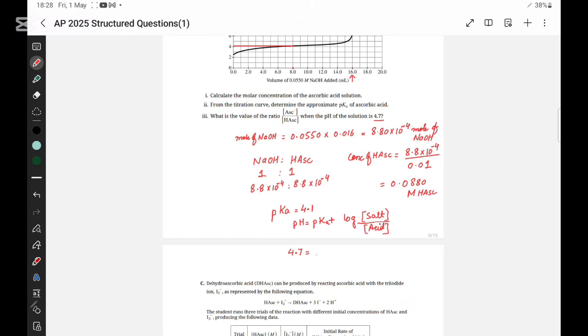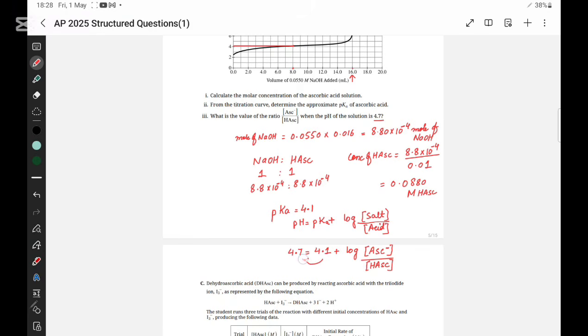And the pKa value we have found from the titration curve, which is 4.1, plus log of concentration of salt. Salt here is ASC⁻, and acid is going to be HASC.